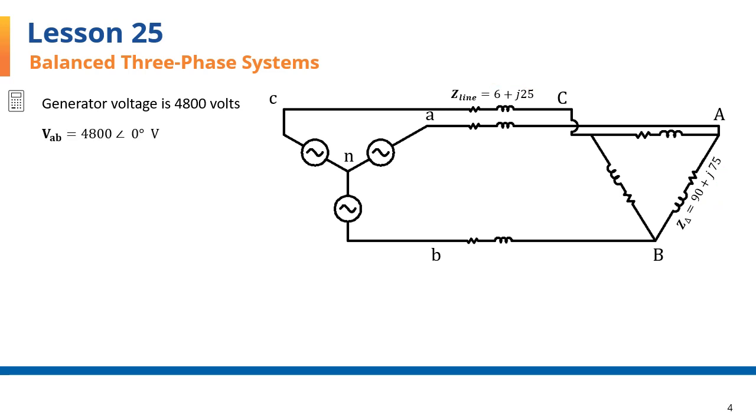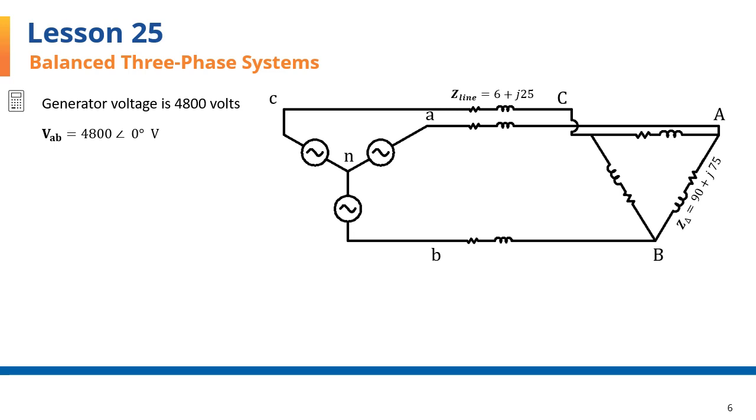I have assigned this voltage with zero angle to VAB of the generator as our reference voltage between terminals A and B. To reduce clutter on the diagram, I have marked only one load impedance and the other two will be the same, and have marked the impedance of one of the three lines. The other two are identical.